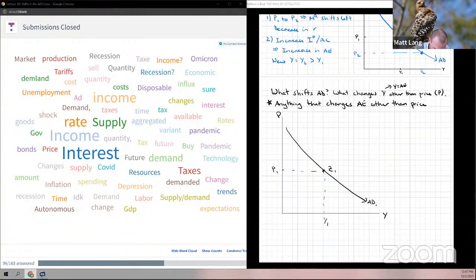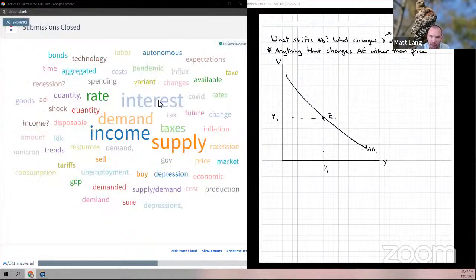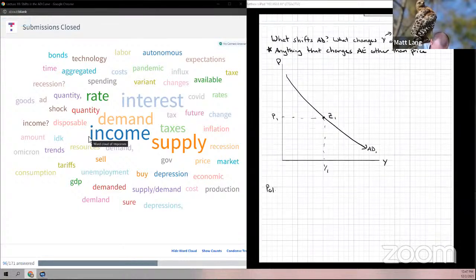Okay. So then when we think about shifters of this aggregate demand curve, I really like that interest rate came up, and I really like that taxes came up, because we can think of these as policy shifters of aggregate demand. So if we think back just a couple weeks ago, one policy shifter is fiscal policy.